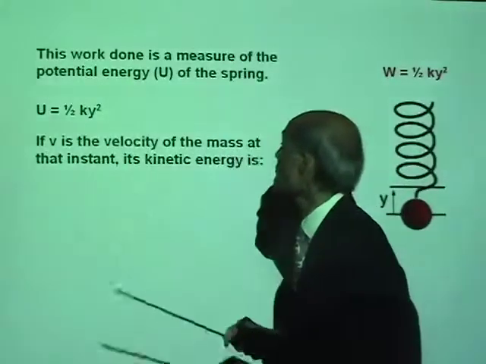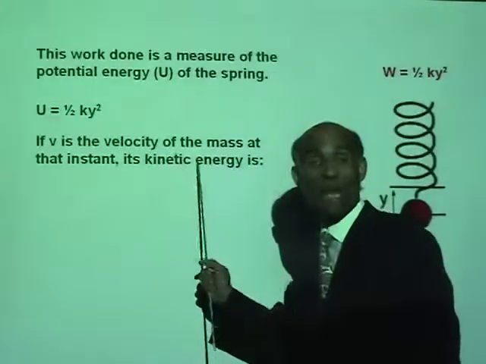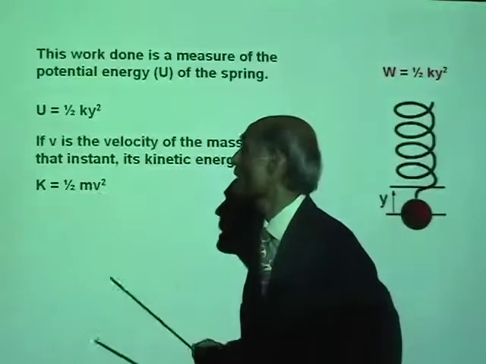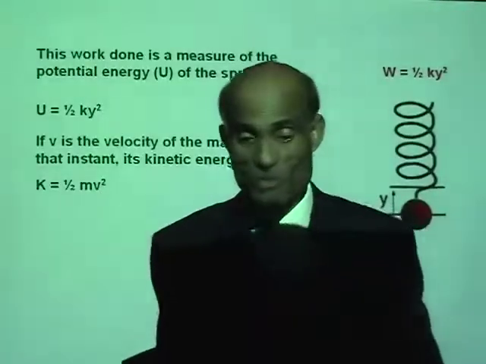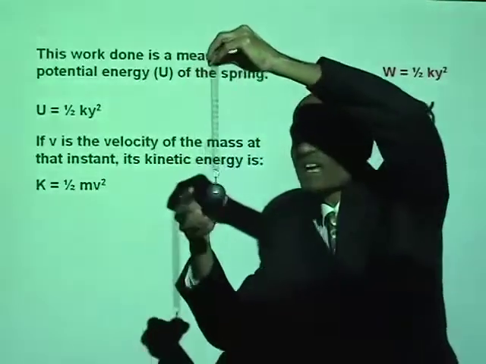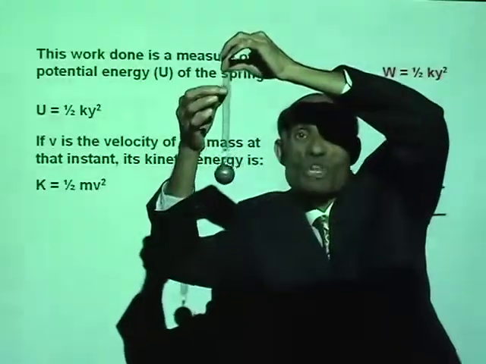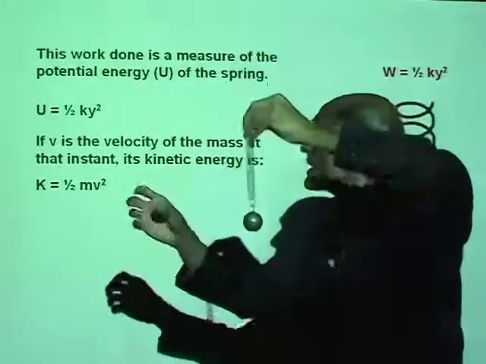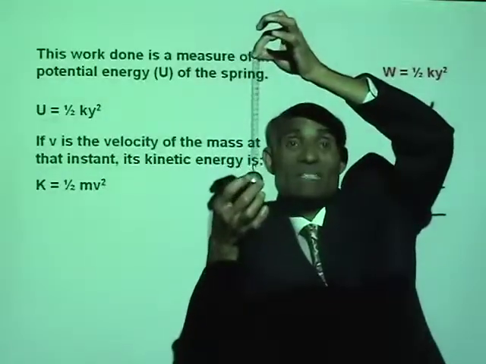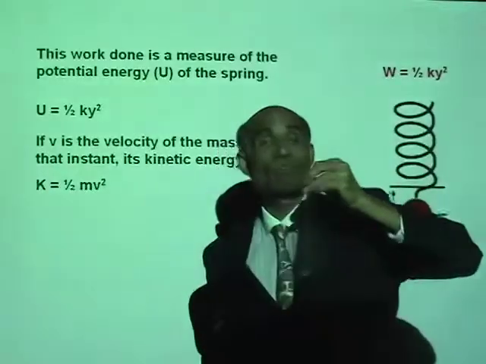If v is the velocity of the mass at that instant, then the mass will have a kinetic energy given by K equal to 1/2 m v squared. That means as the mass oscillates at any given instant, there is some potential energy in the spring given by 1/2 k y squared, and there is some kinetic energy of the mass given by 1/2 m v squared.